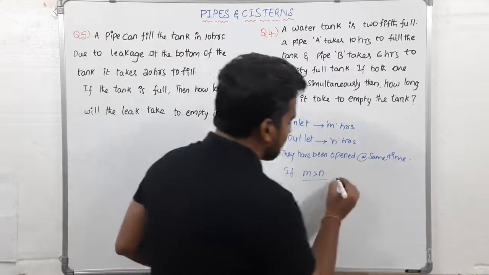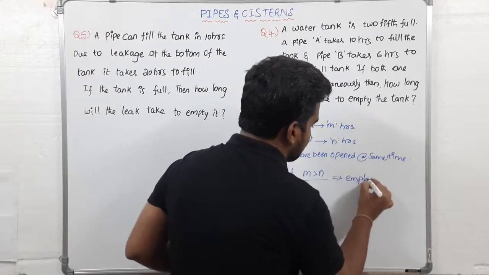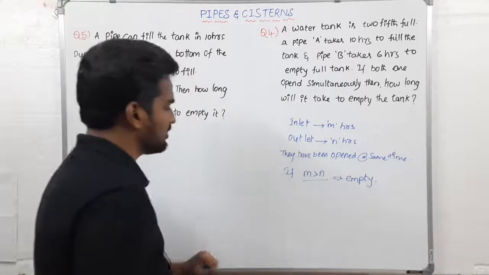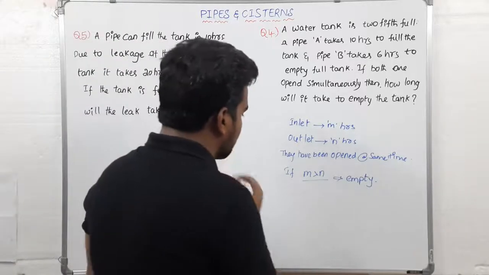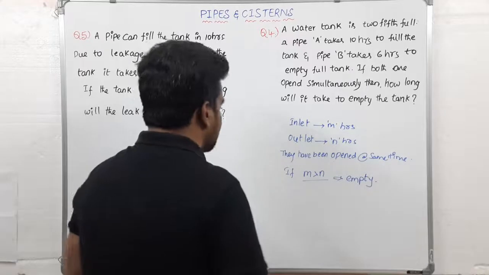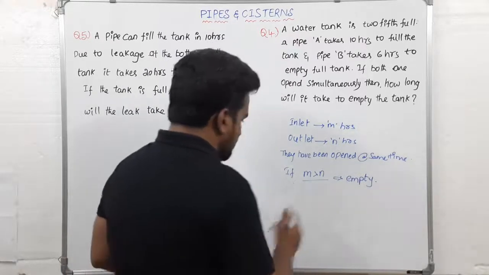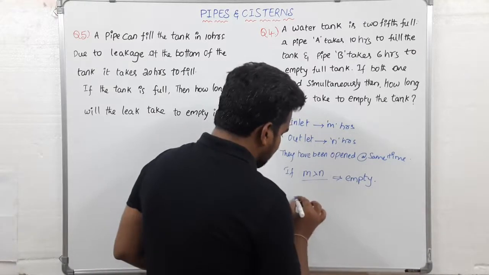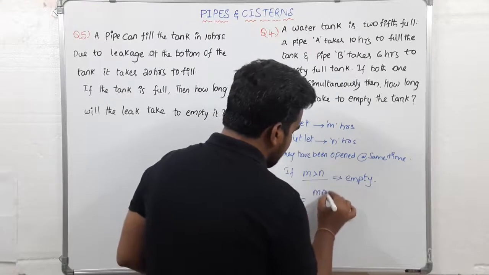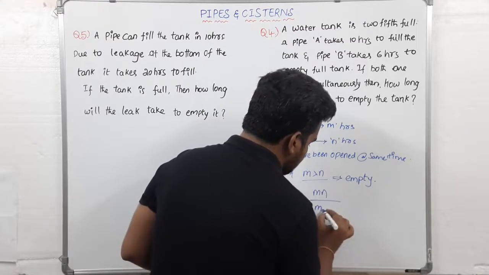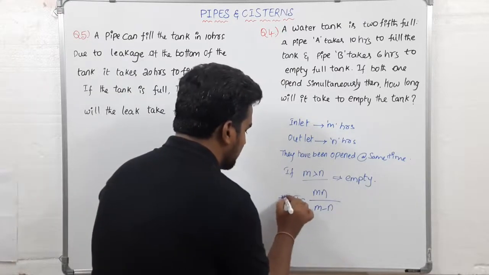Then the tank will be emptied after some time, because the work done by the outlet pipe is more than the work done by the inlet pipe in a certain interval of time. In that case, the total time taken to empty the tank is mn by m minus n. This is an important formula.